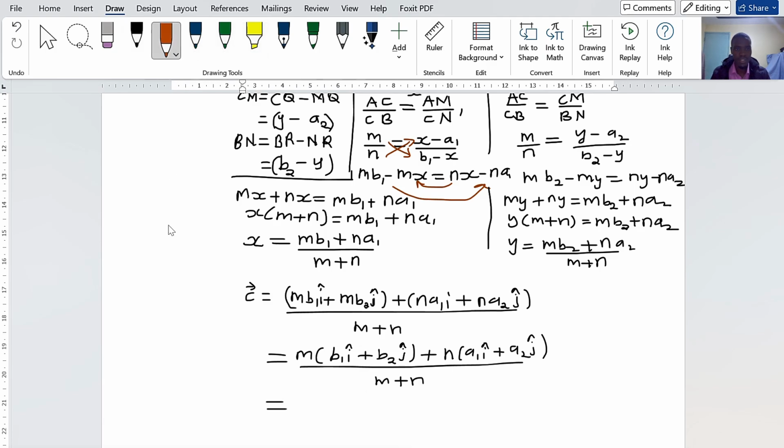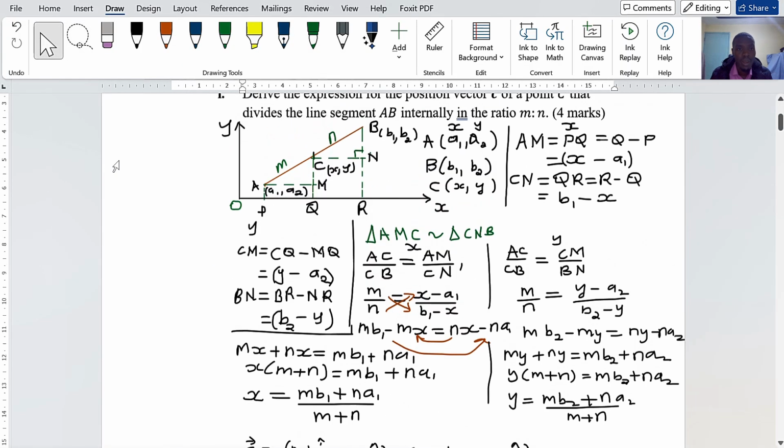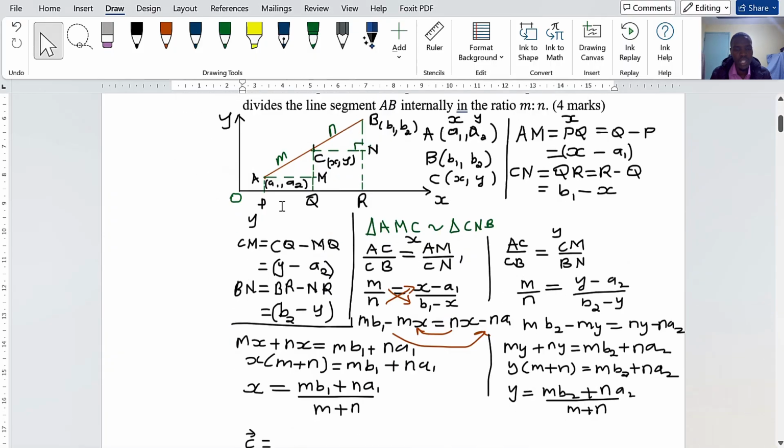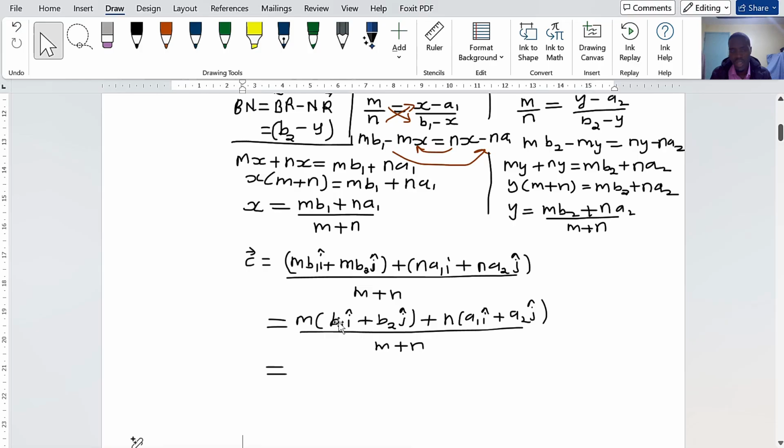Now when you look at the vectors you are given, b1 i plus b2 j is b, while a1 i plus a2 j is a. So this is vector b, while this is vector a.